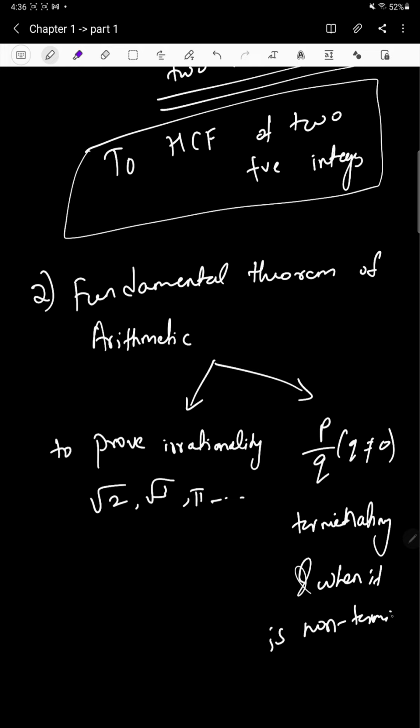So that's the main reason we are going to learn this properties. So I hope this was clear to everyone. What are we going to basically deal in this chapter and what are the things we are going to learn.